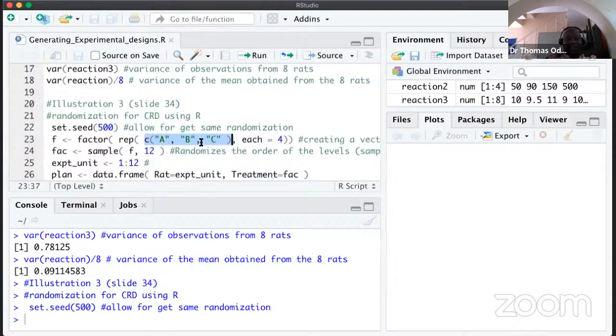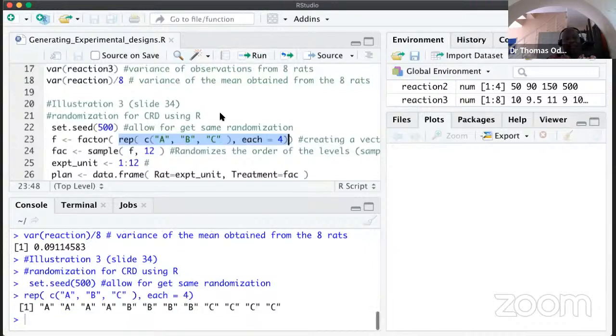We replicate each value in the vector 4 times. We can actually run only this command and see what we have. You can see here A, A, A, A, B, B, B, B, C, C, C, C.